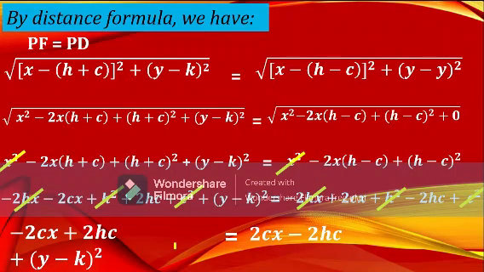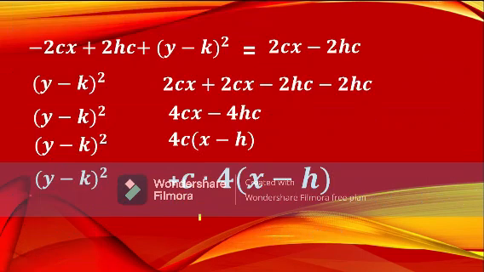Of course, you still have the remaining plus y minus k quantity squared. That is supposed to be here, this is a continuation. So we have now negative 2cx plus 2hc plus y minus k quantity squared is equal to 2cx minus 2hc.